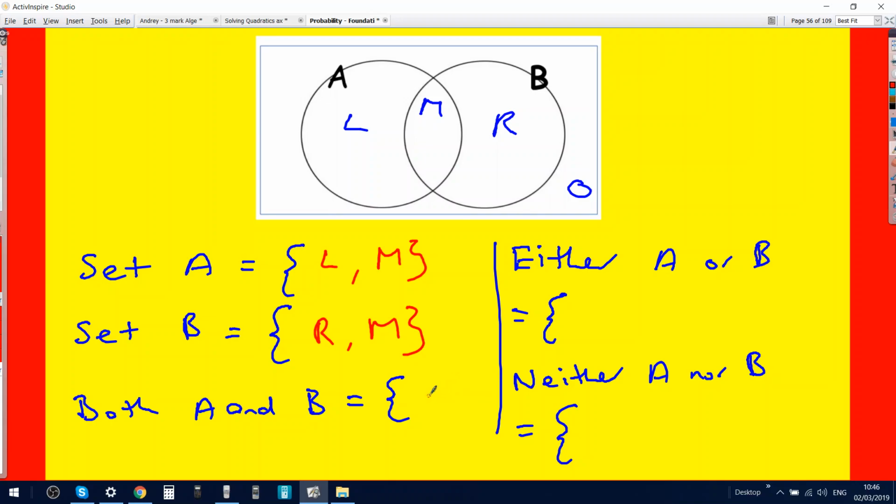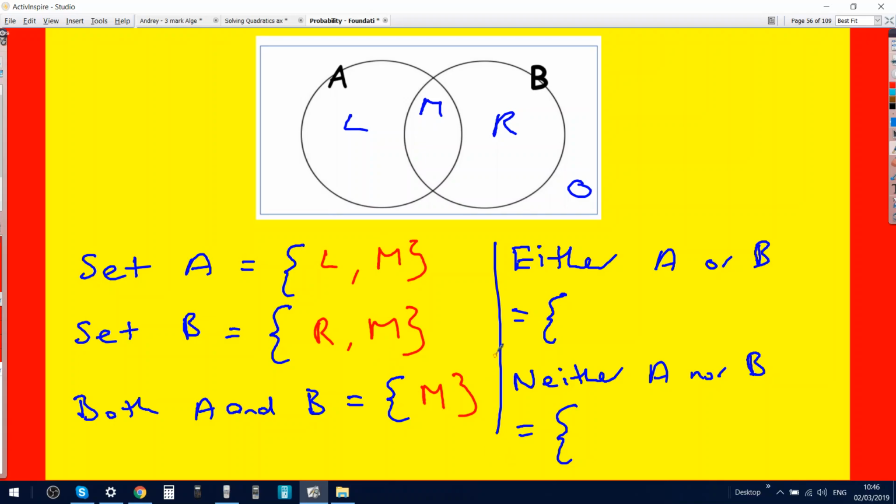Regions in both A and B? L, R. Oh no, sorry, M. Yeah. Next one.